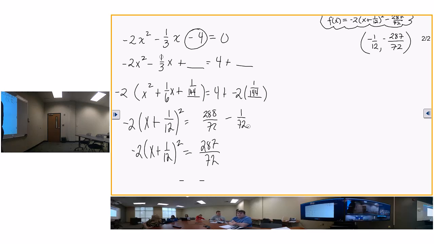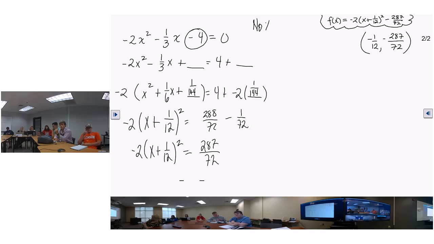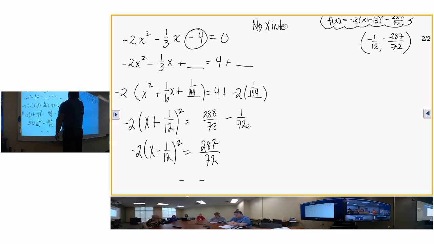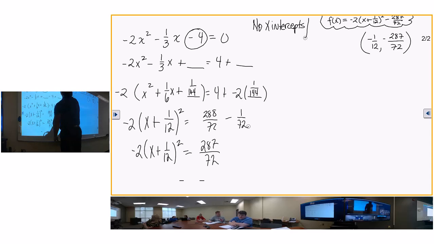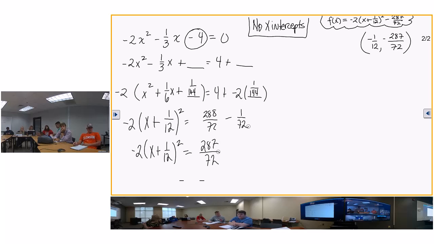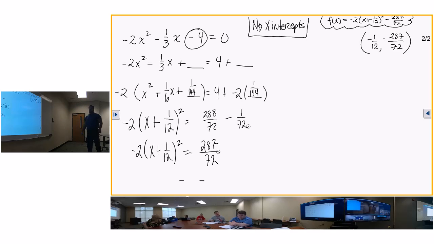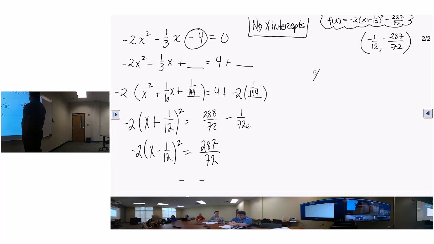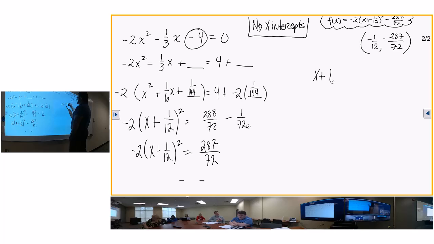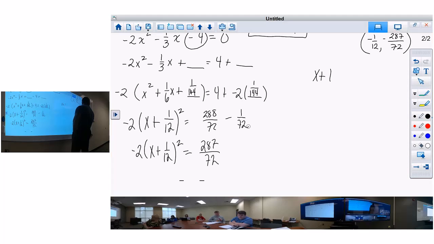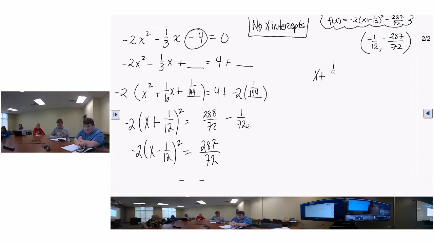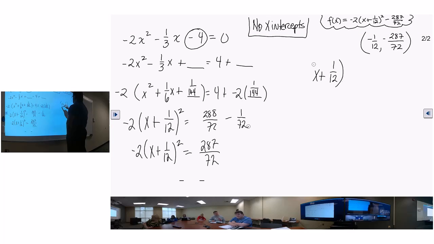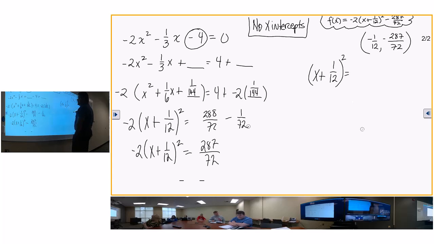Why? Negative. Well, yeah, there's negative, but where is it? In the next step, you divide by negative 2. So x plus 1 over 12 quantity squared is equal to, that's going to be what?